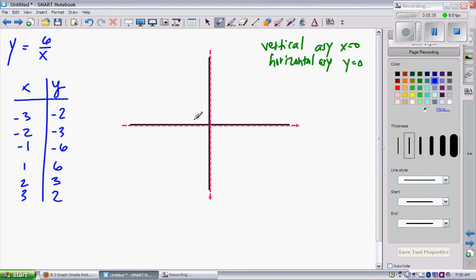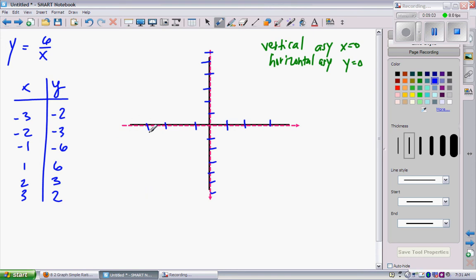Let's graph these points. Up 1, 2, 3, 4, 5, 6, and over 1, 2, 3. At -3, -2 we have a point.